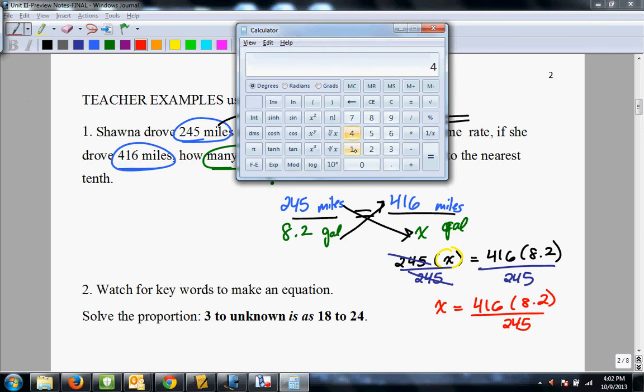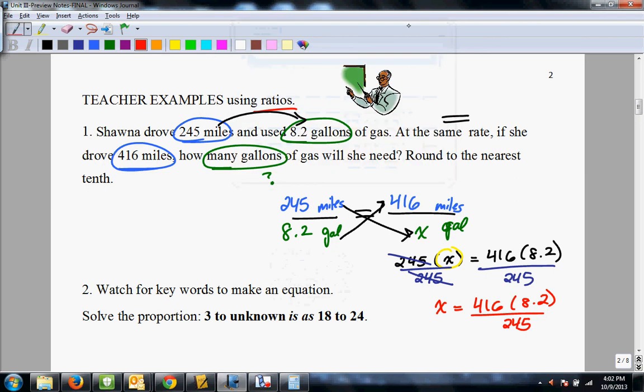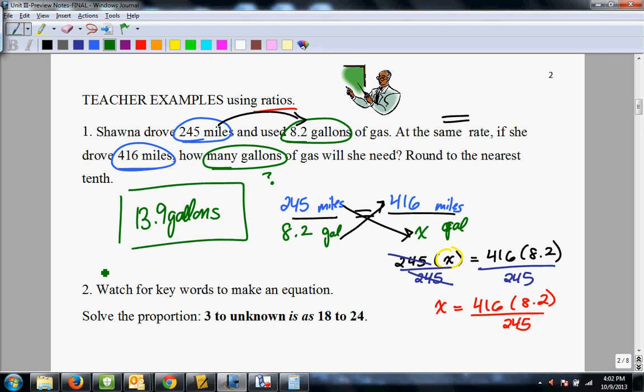So we have 416 times 8.2, divided by 245, equals. It says round to the nearest tenth, so we need 13.9 gallons of gas. 13.9 gallons of gas to go 416 miles.